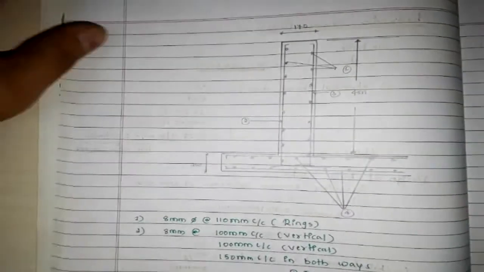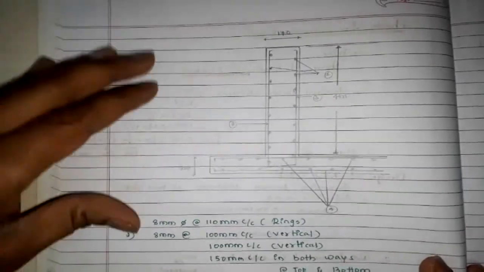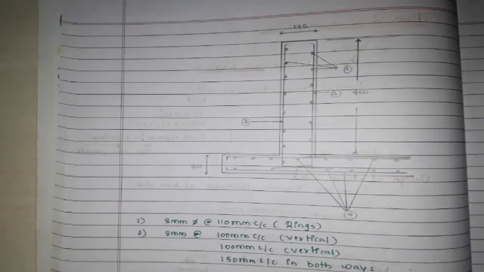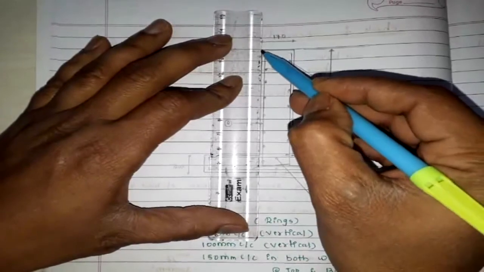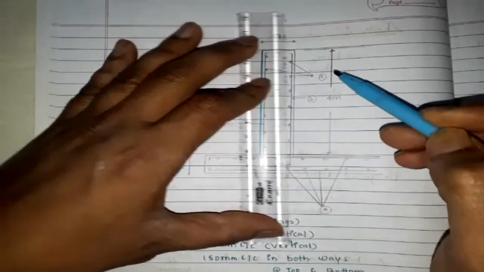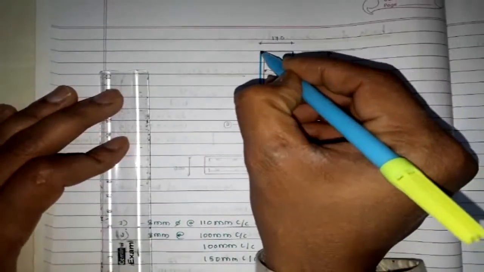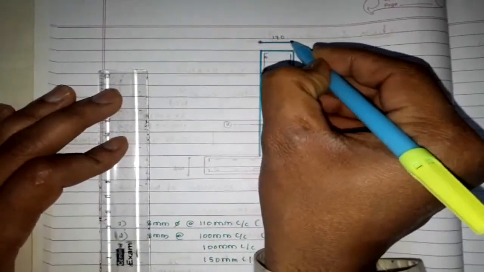So now here what you can see. We have the wall here. The wall dimension. So this is the wall, of 170 mm thickness.